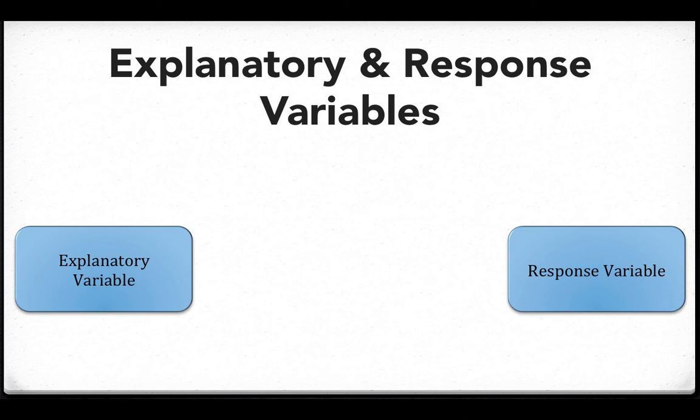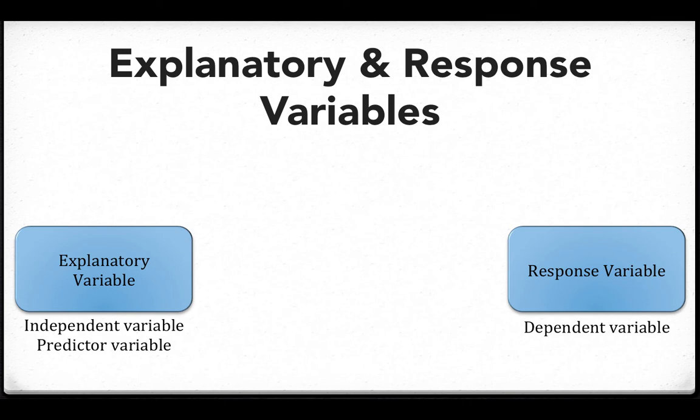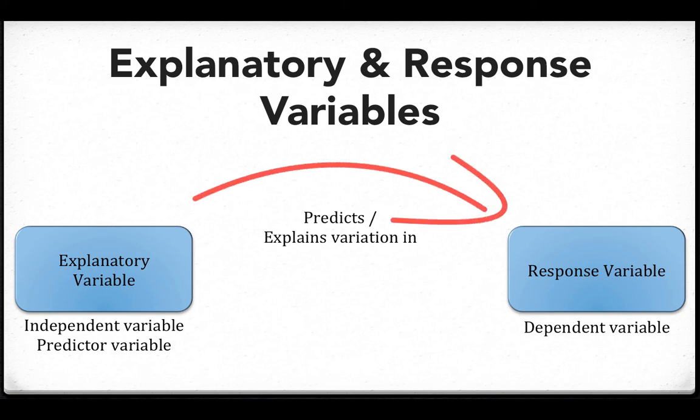Variables can also be classified as explanatory and response variables. The explanatory variable is also sometimes referred to as the independent variable or predictor variable. The response variable is also known as the dependent variable. The explanatory variable predicts or explains variation in the response variable.